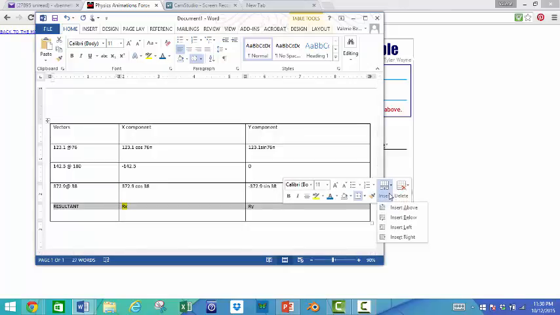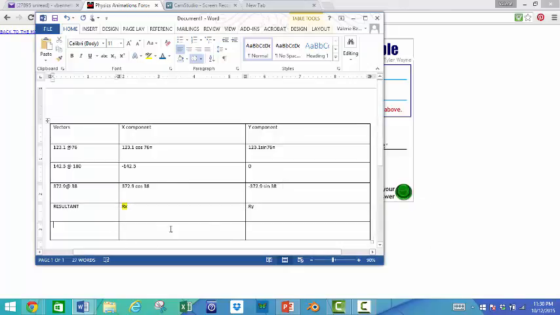Let me create another line below here, because that is the number that will give us the force that will counter. Again, we're balancing, so we need something to counter what's going on with these three things and get the opposite. So whatever number I get right here, I'm just going to get the opposite of it.